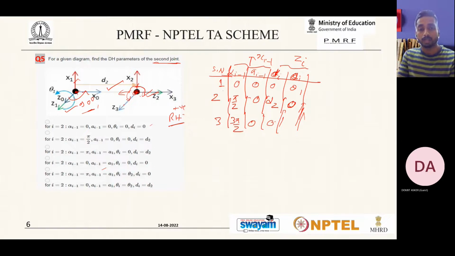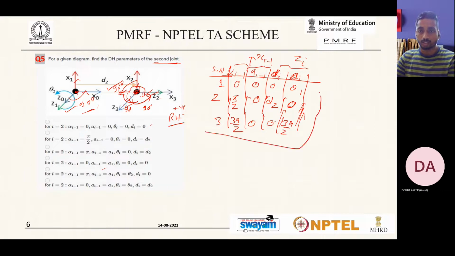Z3 is pointing towards me, so if we curl our fingers, to make x2 coincide with x3, first we have to rotate by 90 degrees here, then again 90 degrees towards me, and then again 90 degrees to get it parallel to x3. So this will also be 3 pi by 2. So this is the DH parameter for all these three joints.